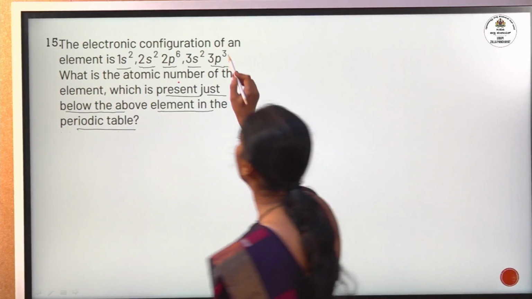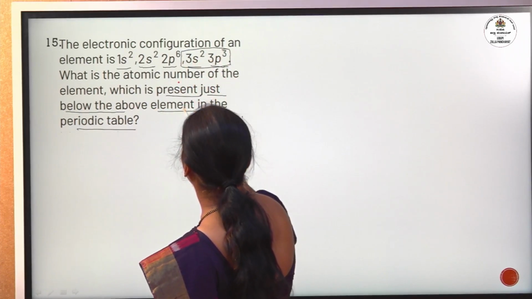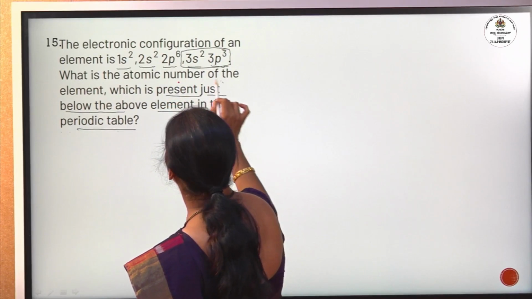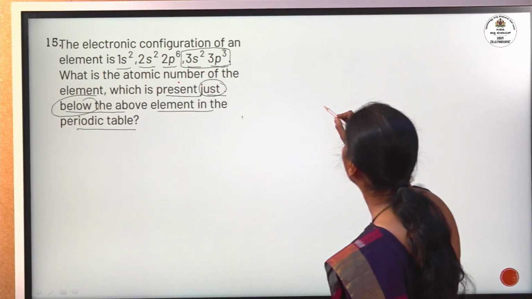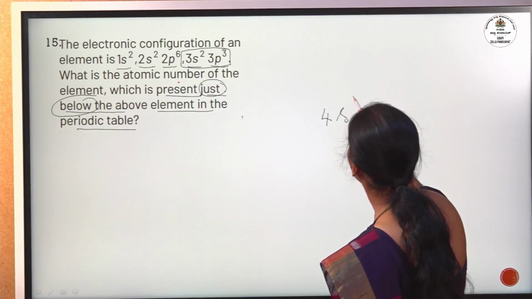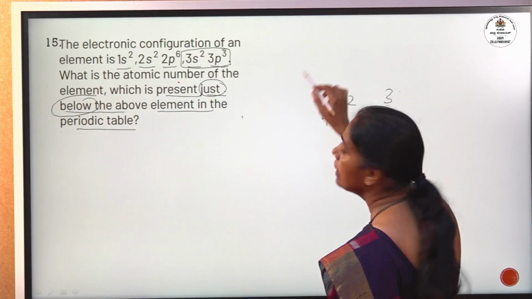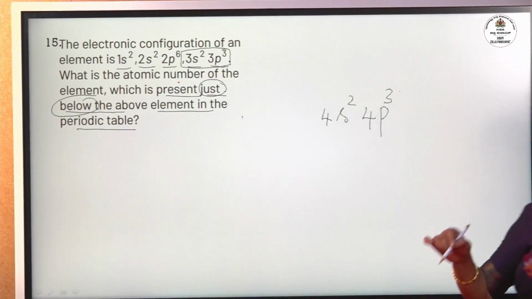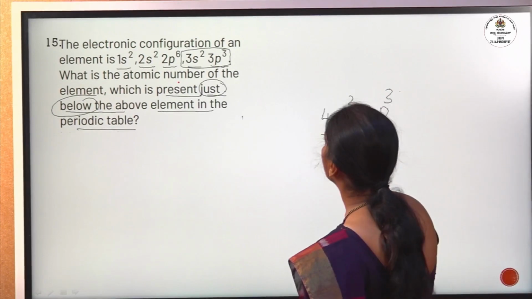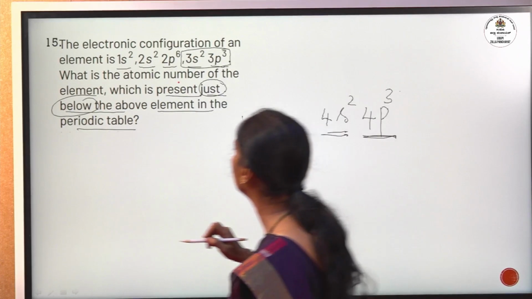So the element has valence electronic configuration 3s2 3p3. The element just below this should have 4s2 4p3, that is, in the next period. So the period number increases by 1. So 3s2 becomes 4s2, 3p3 becomes 4p3.